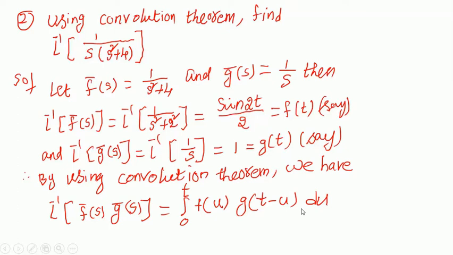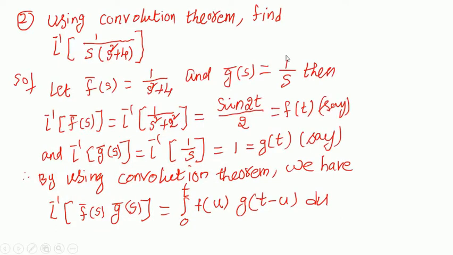So substitute those values, then what happens, see that. So that implies L inverse of f bar of s value 1 by s square plus 4 into g bar of s value 1 by s equals integral 0 to t f of u, na, f of u value we require.